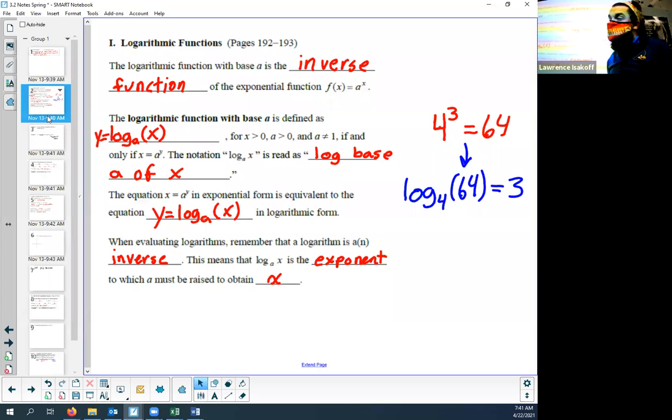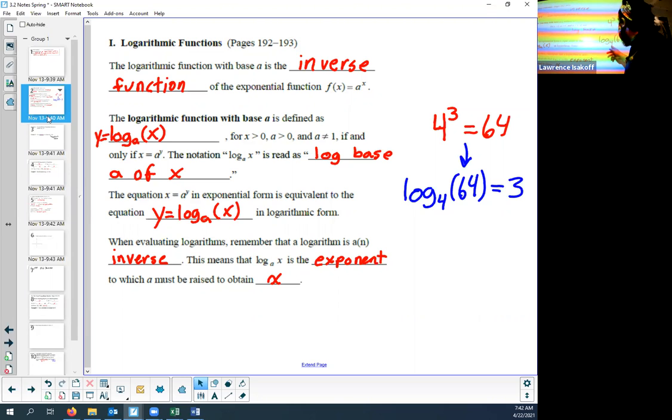A logarithmic function is the inverse of an exponential function. If I say 4 to the third is equal to 64, the base of my exponent is 4. That becomes the base of my logarithm. The 64 goes inside the log.